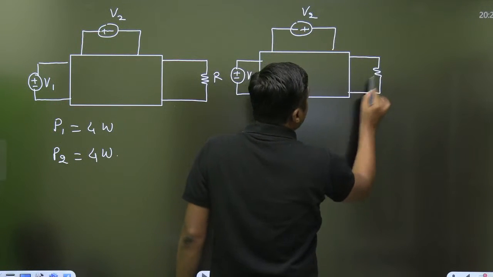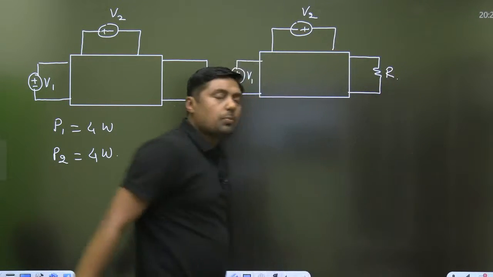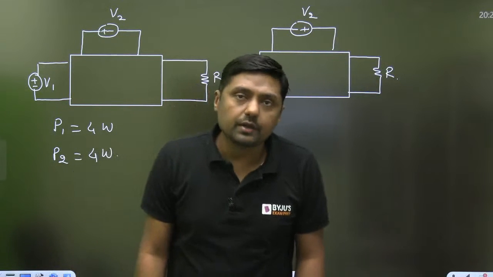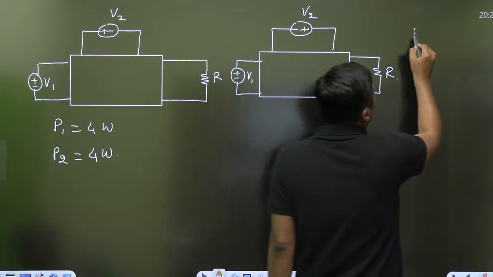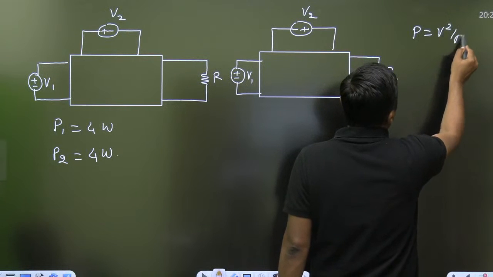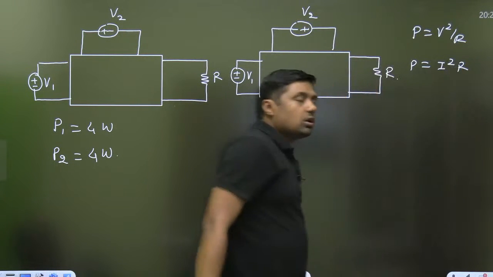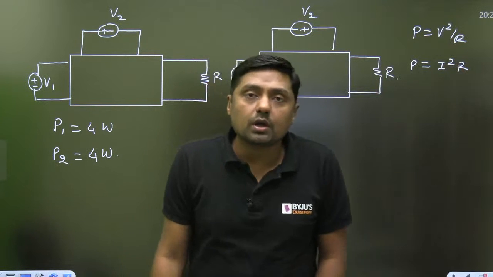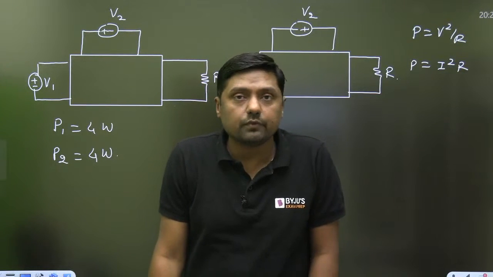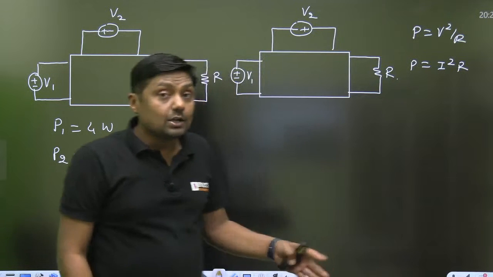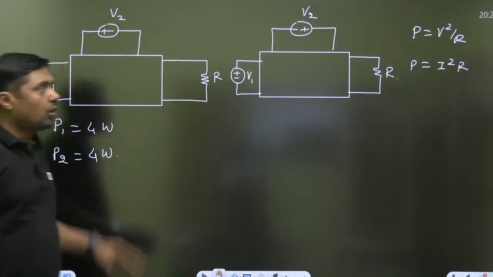Again, when we are applying the power is V square by R, or power is I square into R. It doesn't matter whether the voltage is negative or positive. The power will remain positive, and that's why in this particular question 4 watt is given.